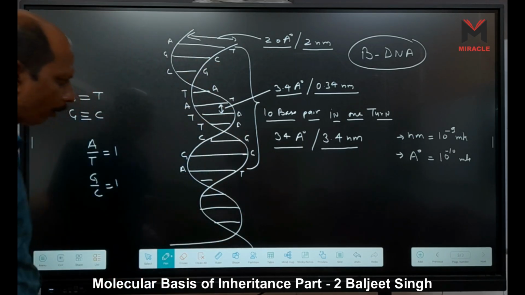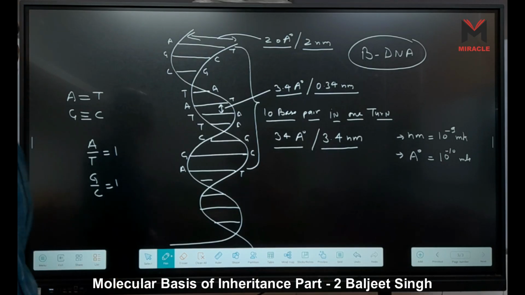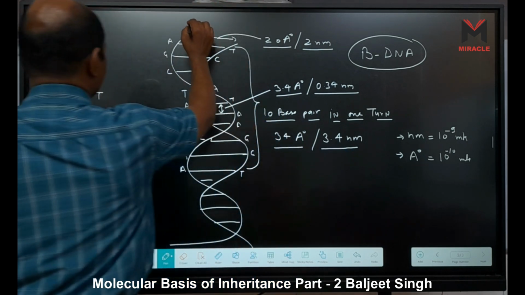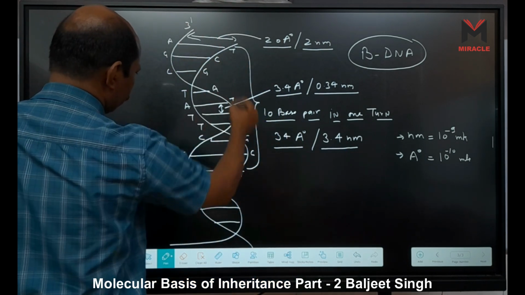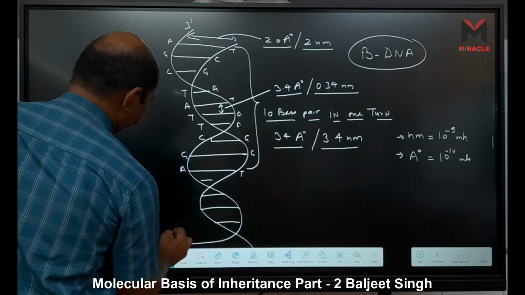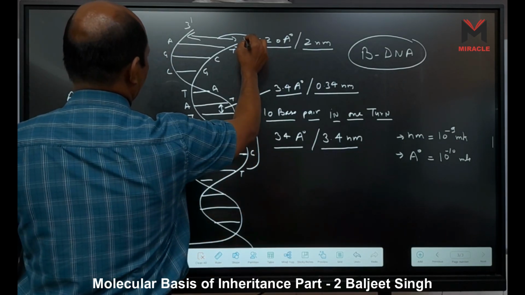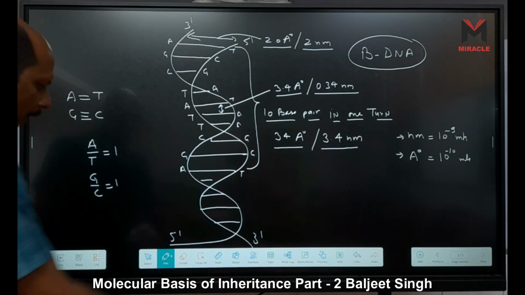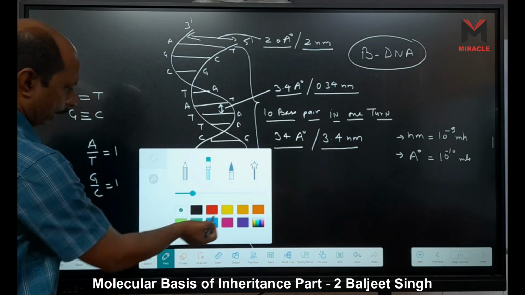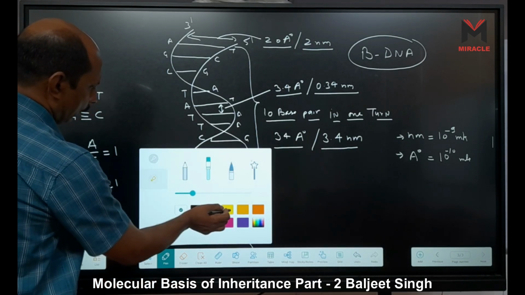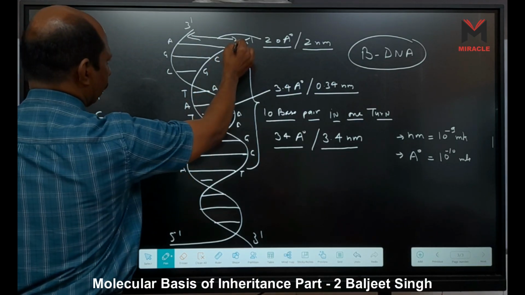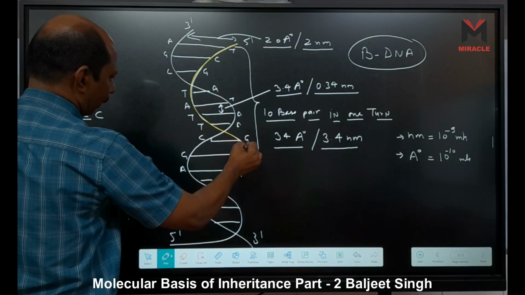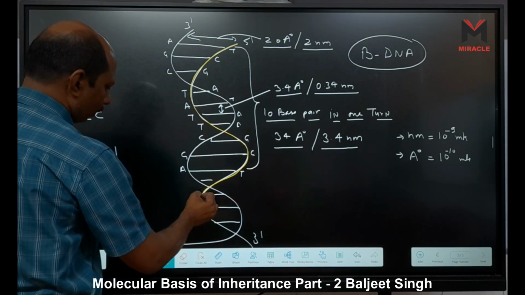When we see the polarity of these two strands, they are just opposite to each other, or we can say they are anti-parallel. Anti-parallel means what? If one strand is 3 prime to 5 prime, that means the other strand is 5 prime to 3 prime. Okay, you can see here, suppose I draw another line in another color, so you can easily understand which one is the strand.